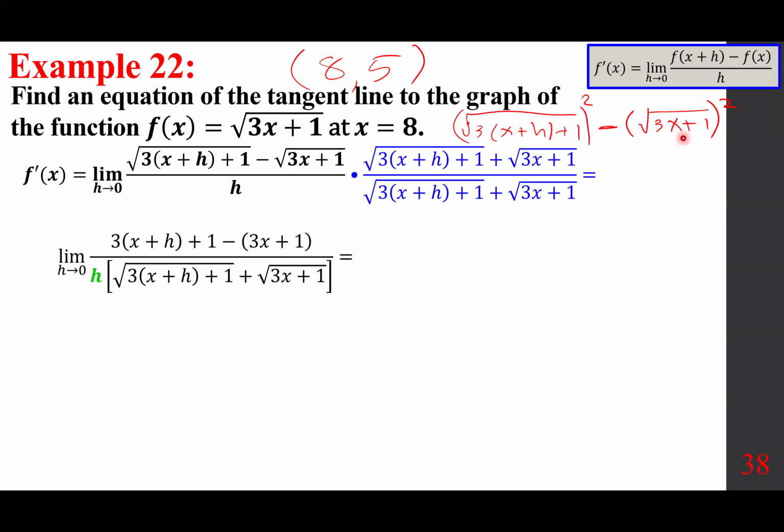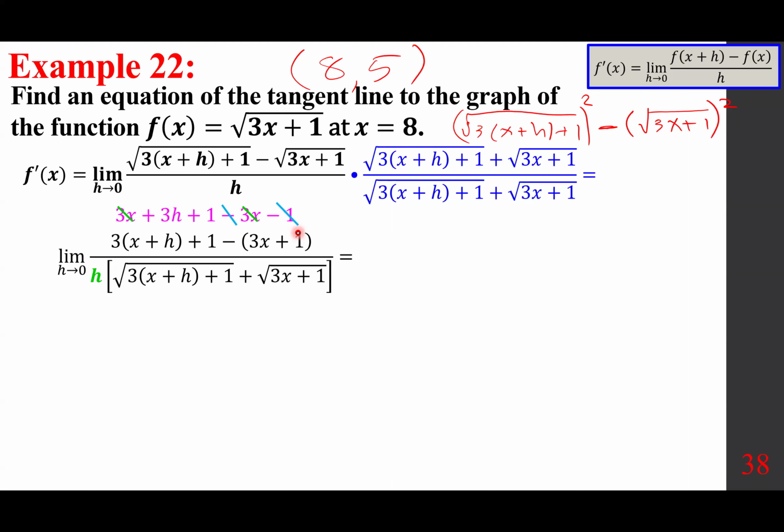So all we have to do is distribute: 3x plus 3h plus 1 minus 3x minus 1. 3x and minus 3x, positive 1 and negative 1 cancel each other.